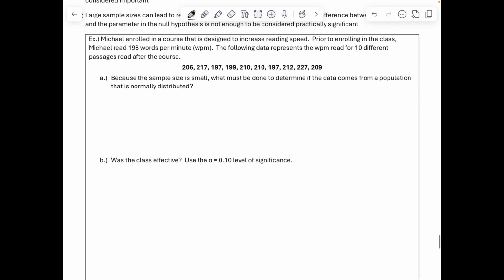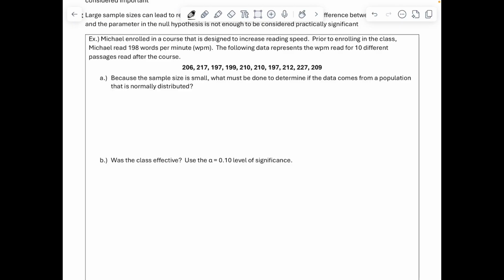So we have another example here that says Michael enrolled in a course that's designed to increase reading speeds. Prior to enrolling in the class, Michael read 198 words per minute. The following data represents the words per minute read for 10 different passages that he read during this course. And so we have a list of numbers there given.